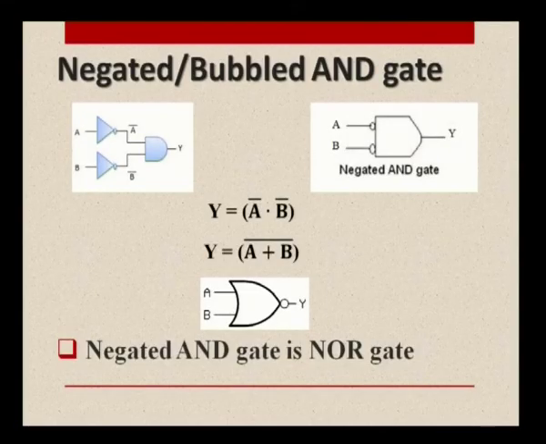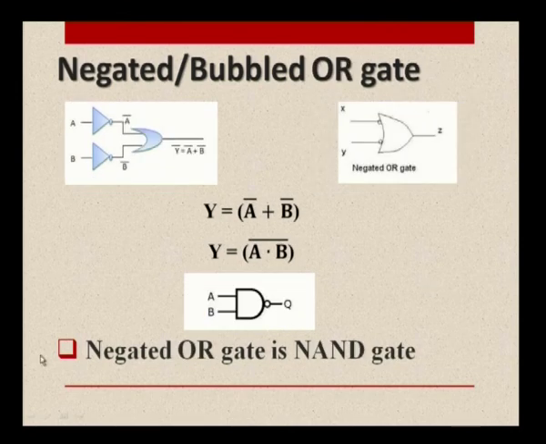Let us see what is highlighted here in these two cases. A negated AND gate is a NOR gate. This we have to keep in mind, it is a very important result. And the second one is, a negated OR gate is a NAND gate.